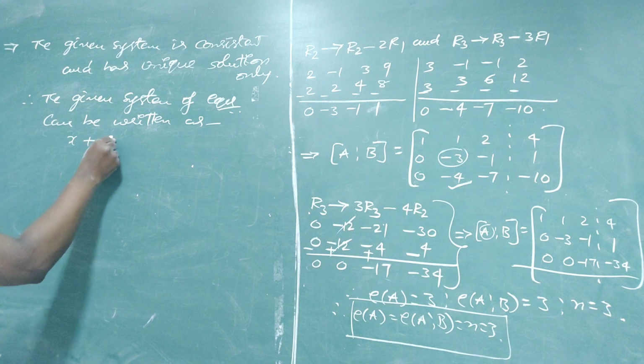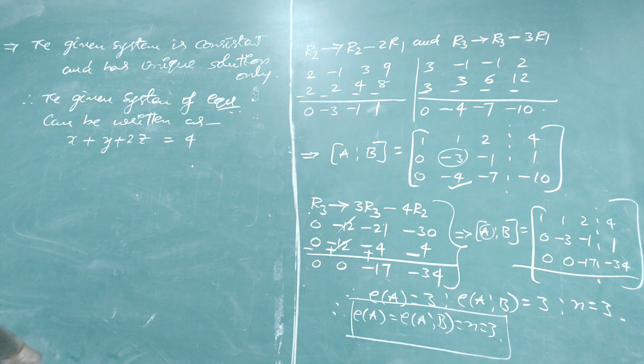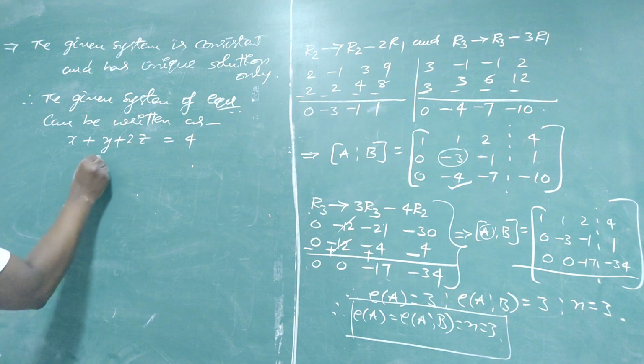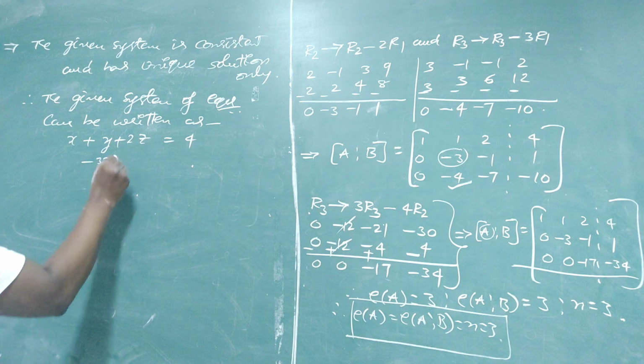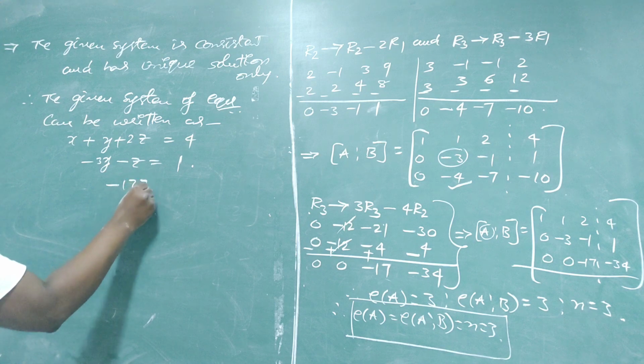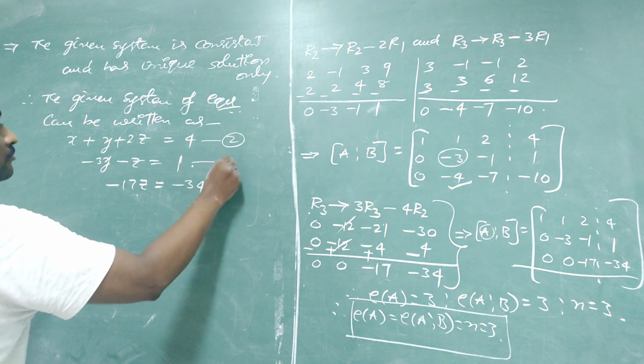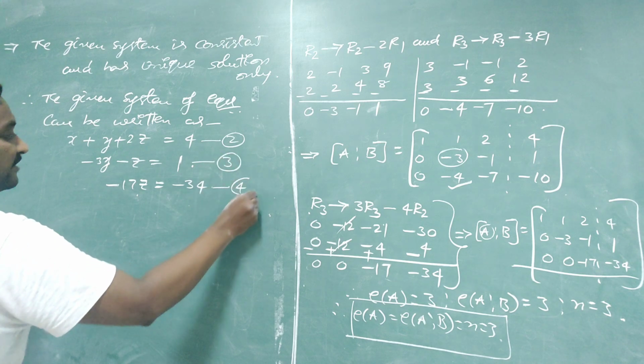So x plus y plus 2z is equal to constant 4. The second equation becomes minus 3y minus z is equal to 1. Third equation becomes minus 17z is equal to minus 34. By using these three equations we have to find out the values of x, y, z.